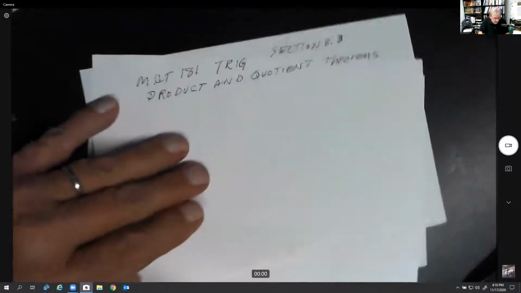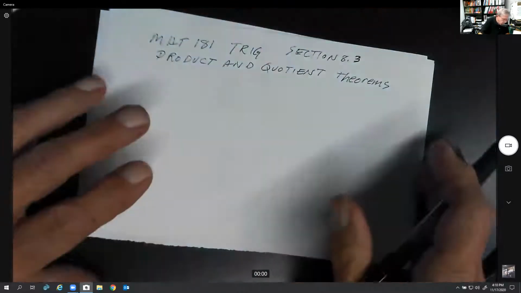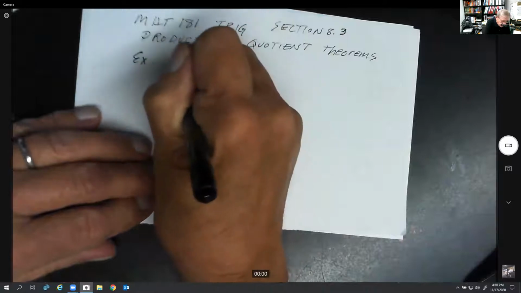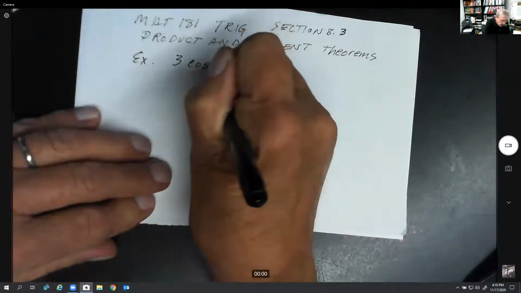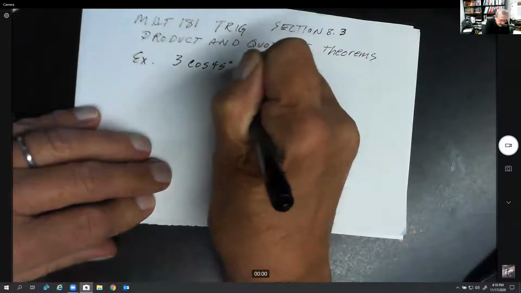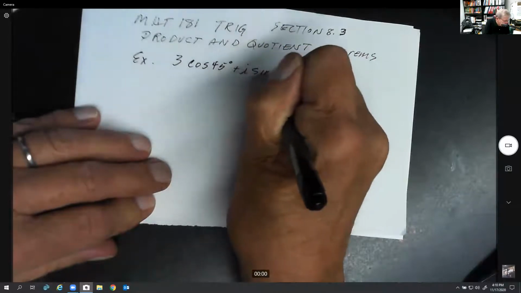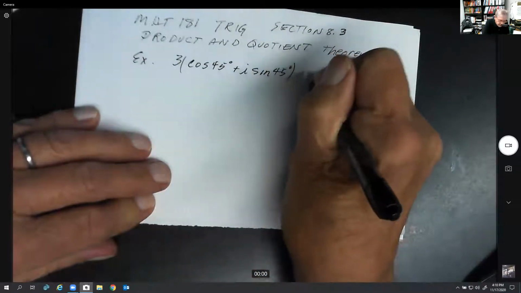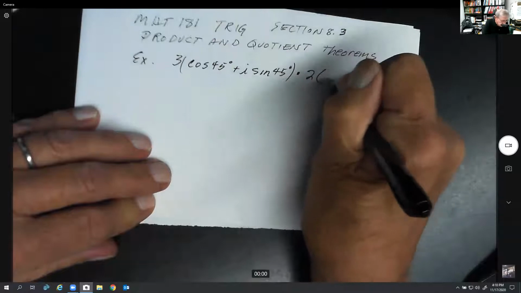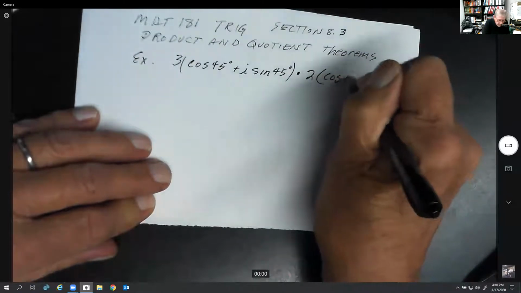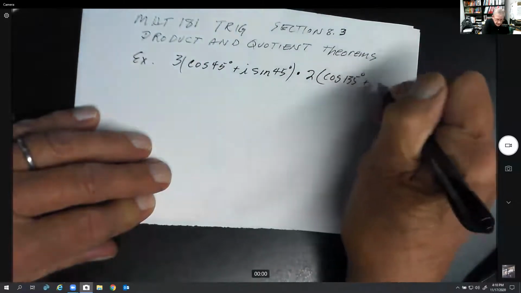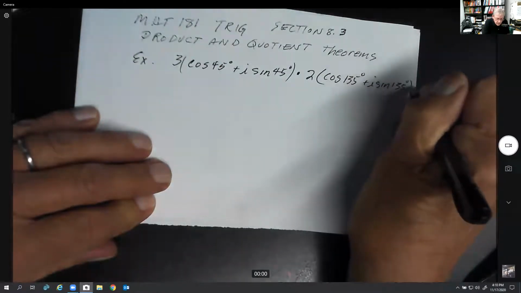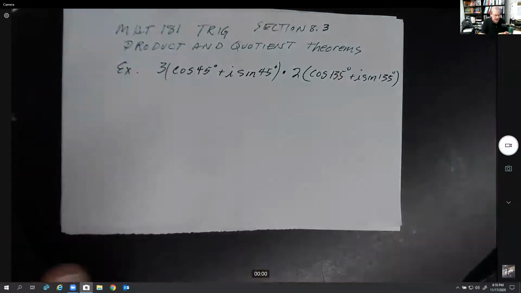So let's try one here. Let's move some of this out of the way, and let's try this example 1. I want to multiply 3 cosine 45 degrees plus i sine 45 degrees times 2 cosine 135 degrees plus i sine 135. What I'm going to do is write it in cis form.